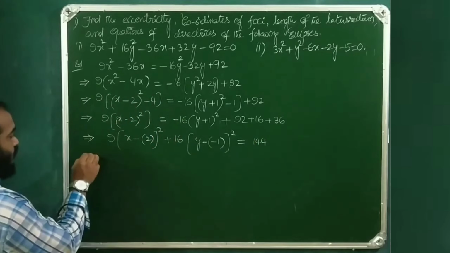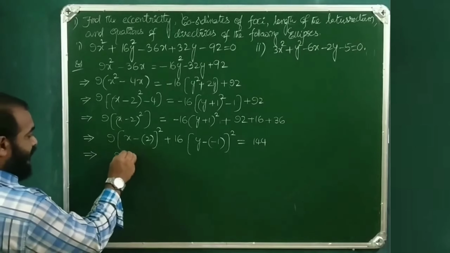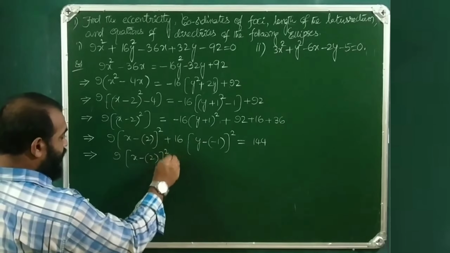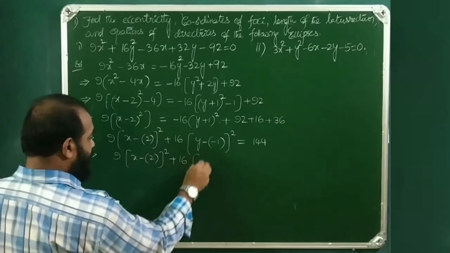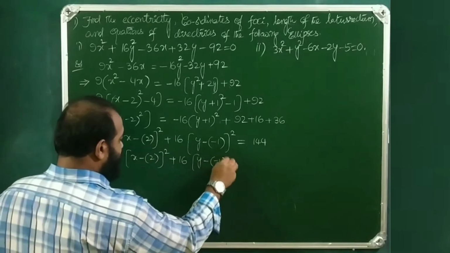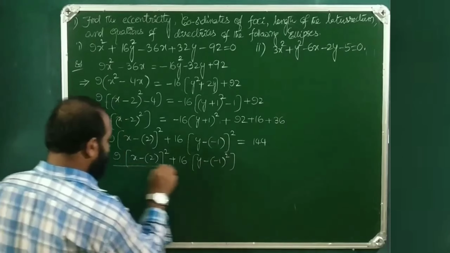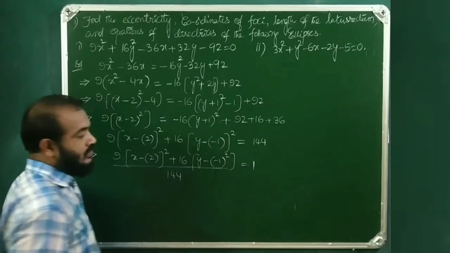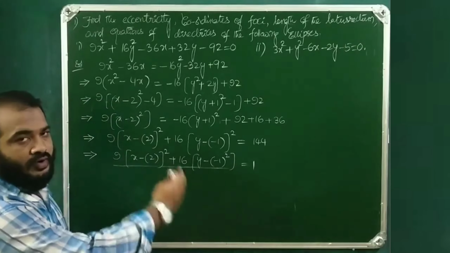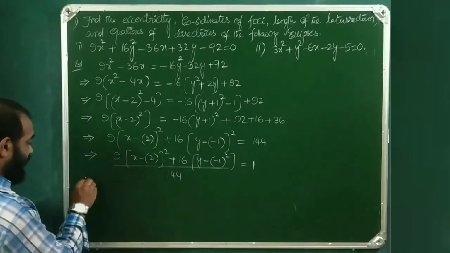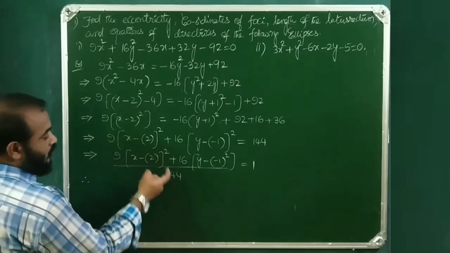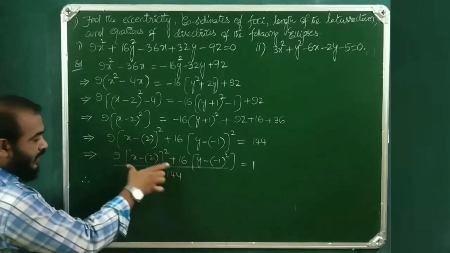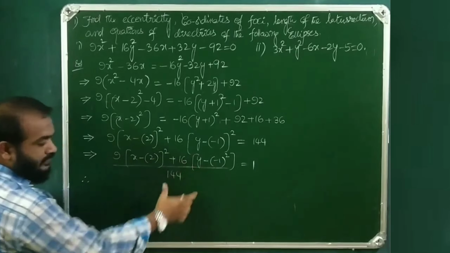So this is 9(x − 2)² + 16(y − (−1))² = 144. Dividing by 144 on both sides, we get 9(x − 2)²/144 + 16(y − (−1))²/144 = 1, using (a + b)/c = a/c + b/c.